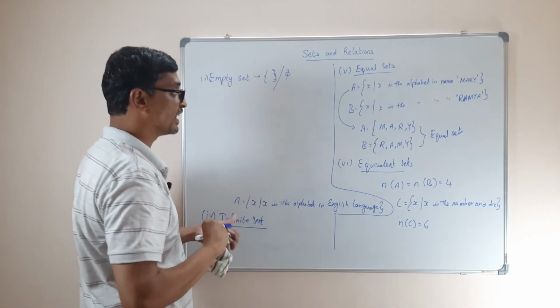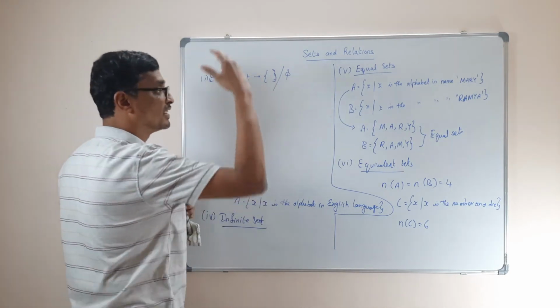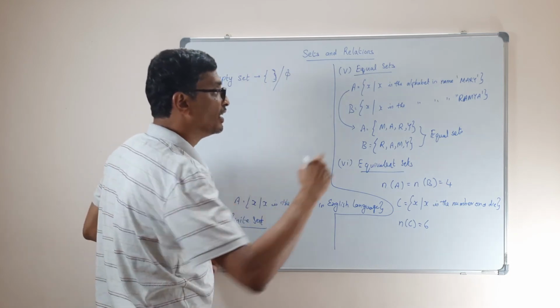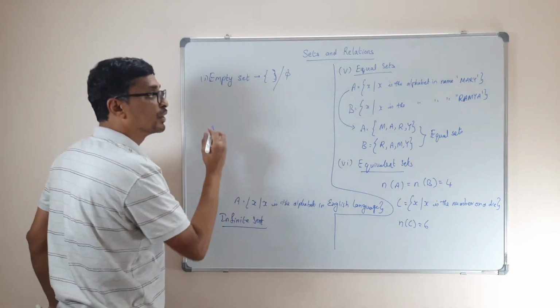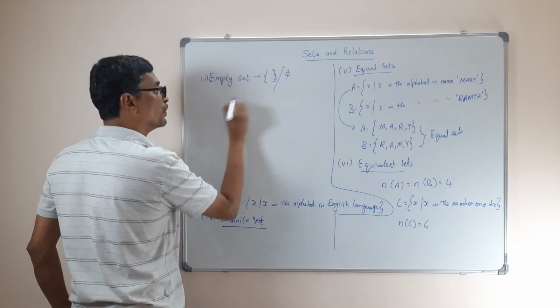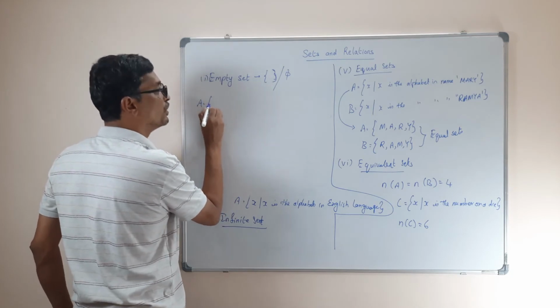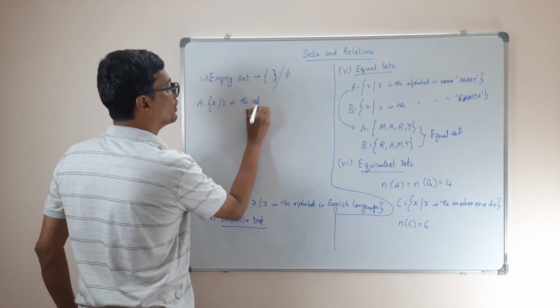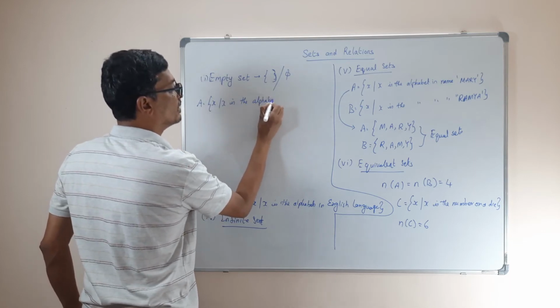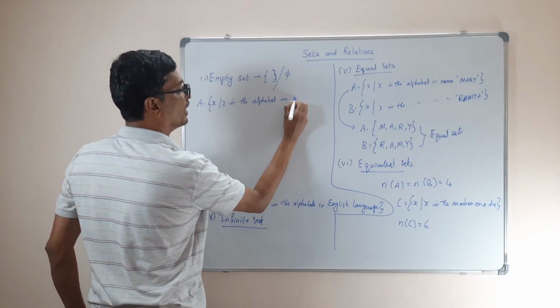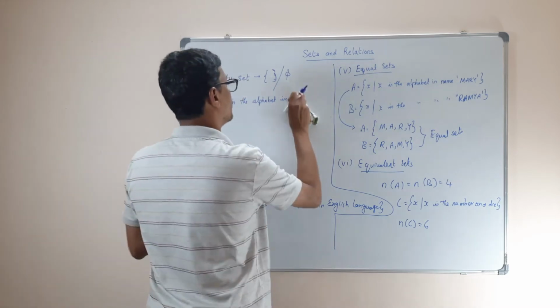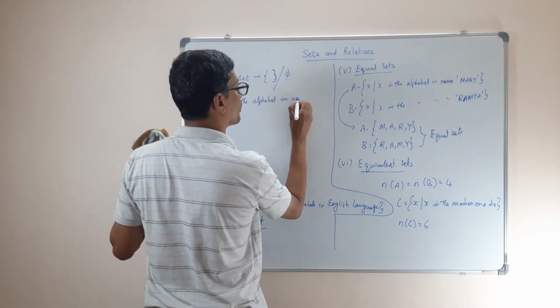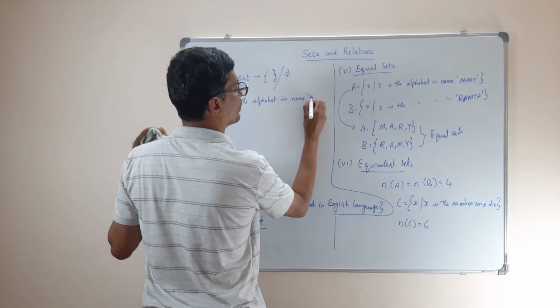Okay, let us take the first one, Mary. A is equal to x such that x is the alphabet in the name Mary.